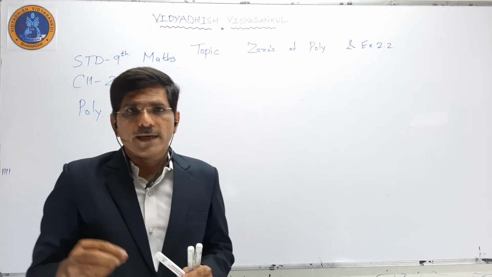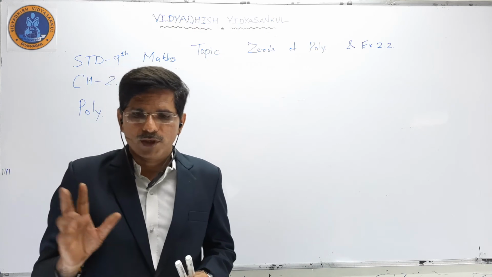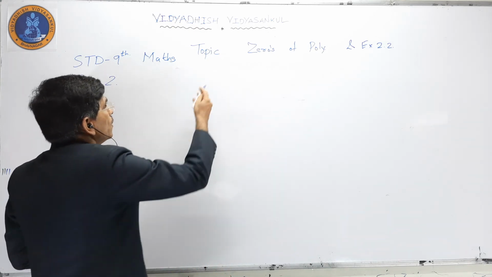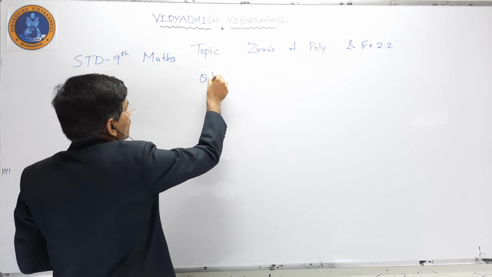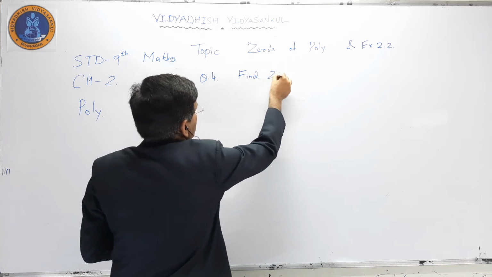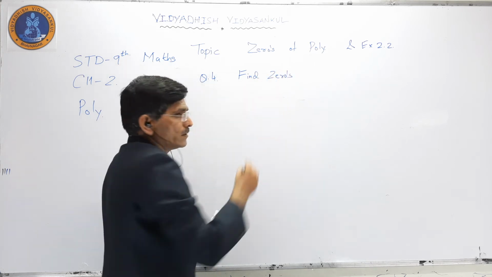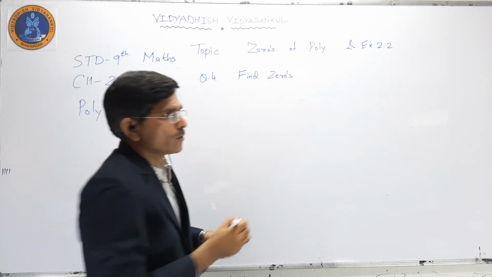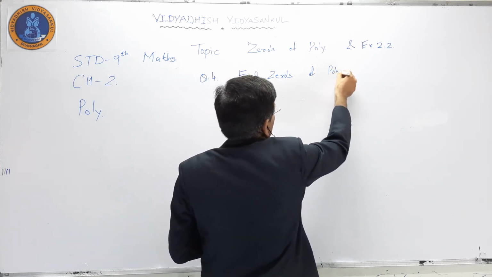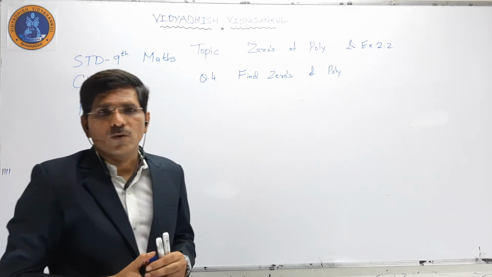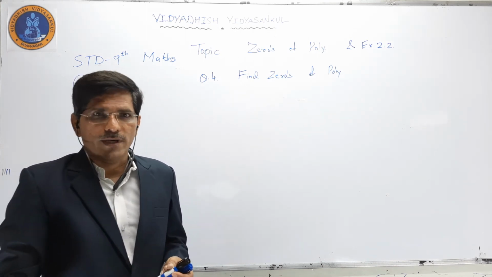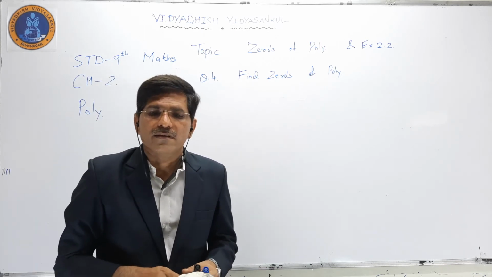Out of 7, at least I have to complete 3 or 4 sums. Question number 4: find zeros of the polynomial. Already we discussed, there are 7 sums.